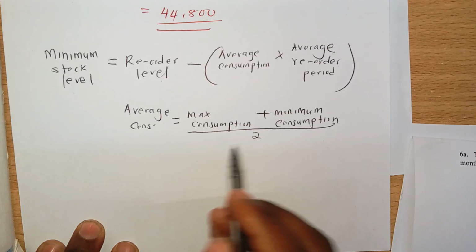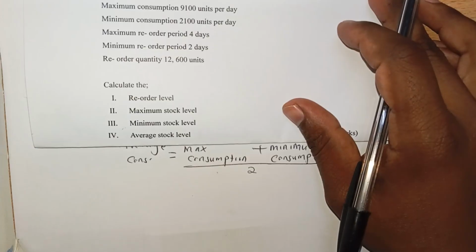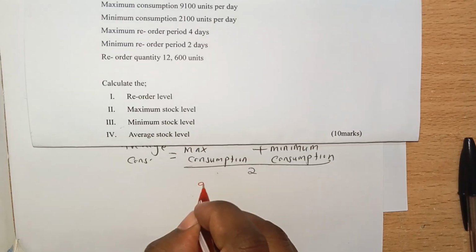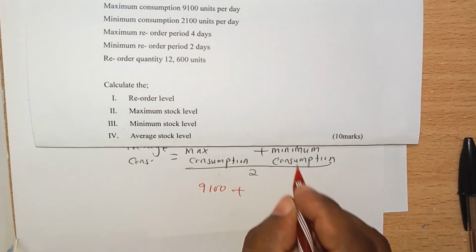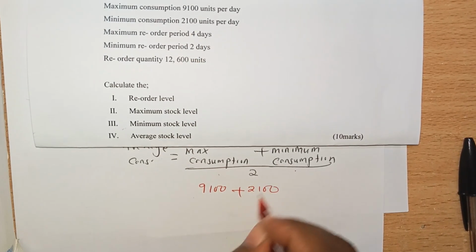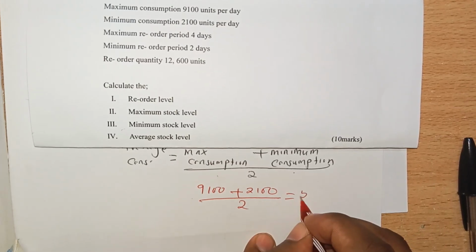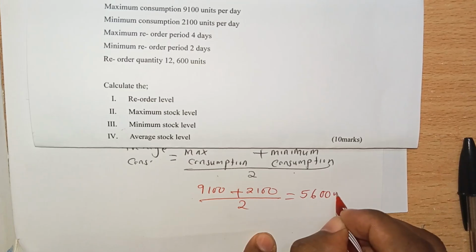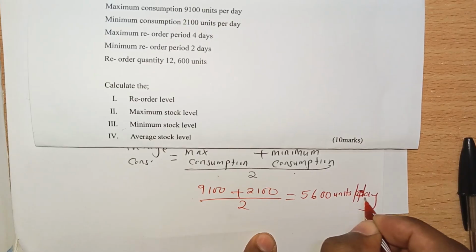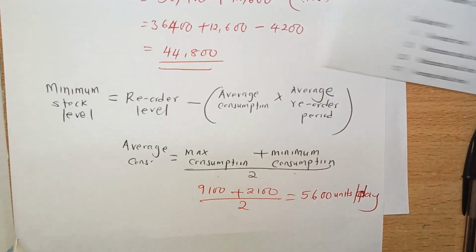Our maximum consumption is 9,100, you add minimum consumption, which is 2,100, then you divide by 2. This gives you 5,600 units per day.